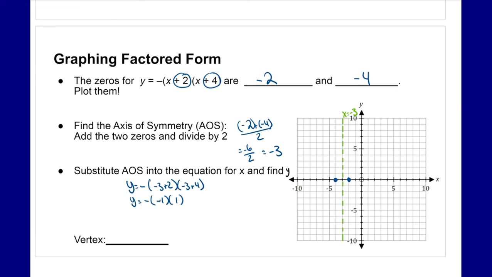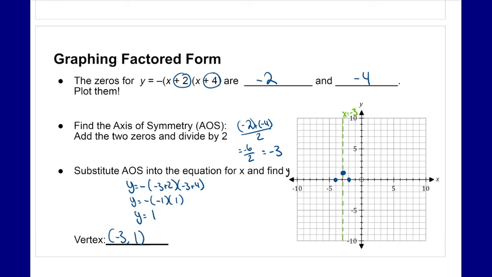So negative 1 times negative 1 is positive 1, times positive 1 is 1. So that means I have a maximum value at 1, or right here, which is also my vertex, negative 3, 1.